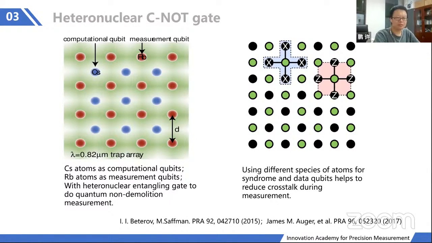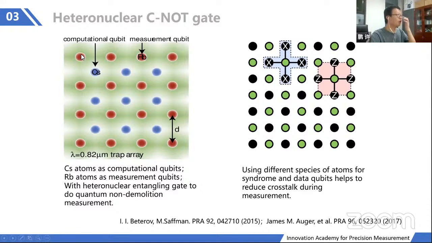The similar thing applies to the neutral atom system. If we just use one species of atoms to do the quantum computation, one major problem is crosstalk.